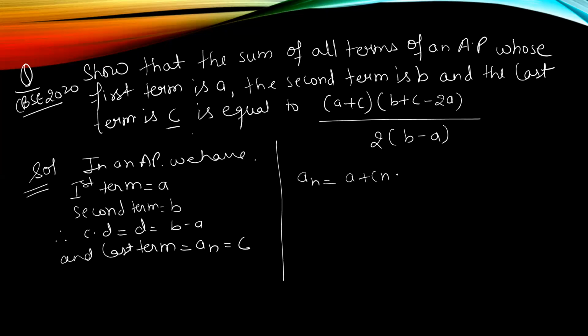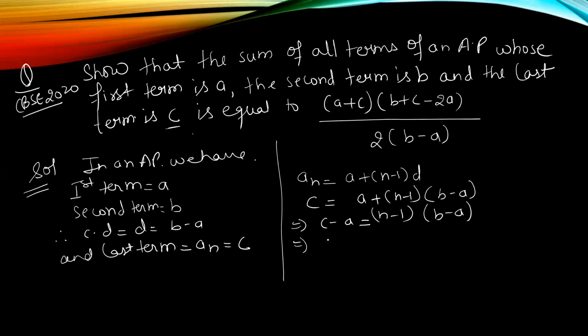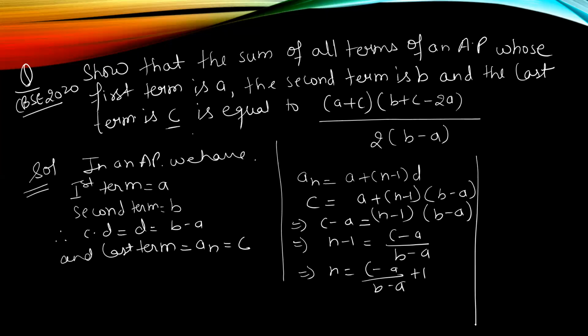It's A plus (n minus 1)D. Putting in the values, C equals A plus (n minus 1) into (B minus A). Which means C minus A equals (n minus 1) into (B minus A). Which means n minus 1 equals (C minus A) over (B minus A). Which implies n equals (C minus A) over (B minus A) plus 1.